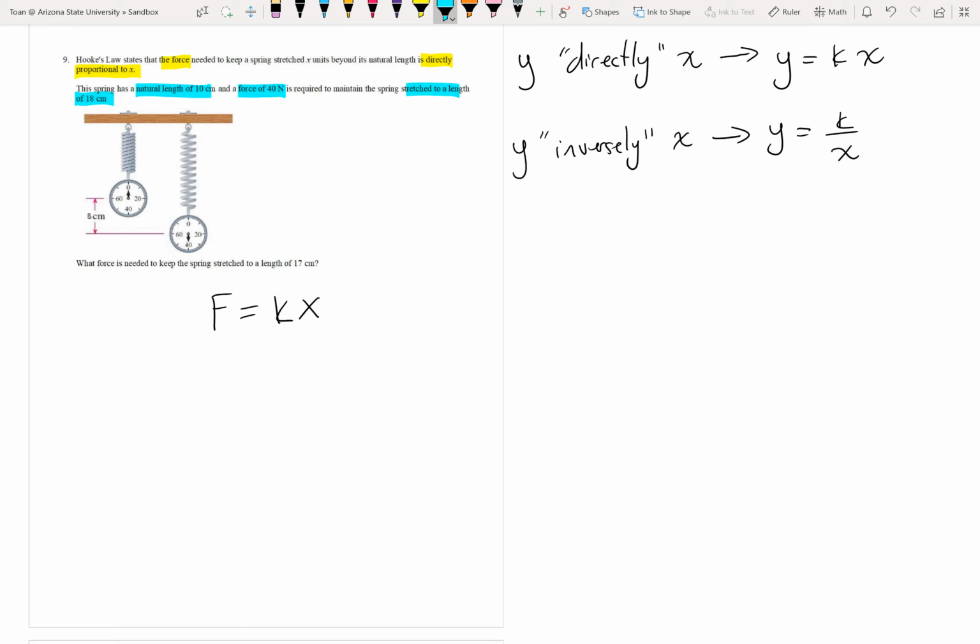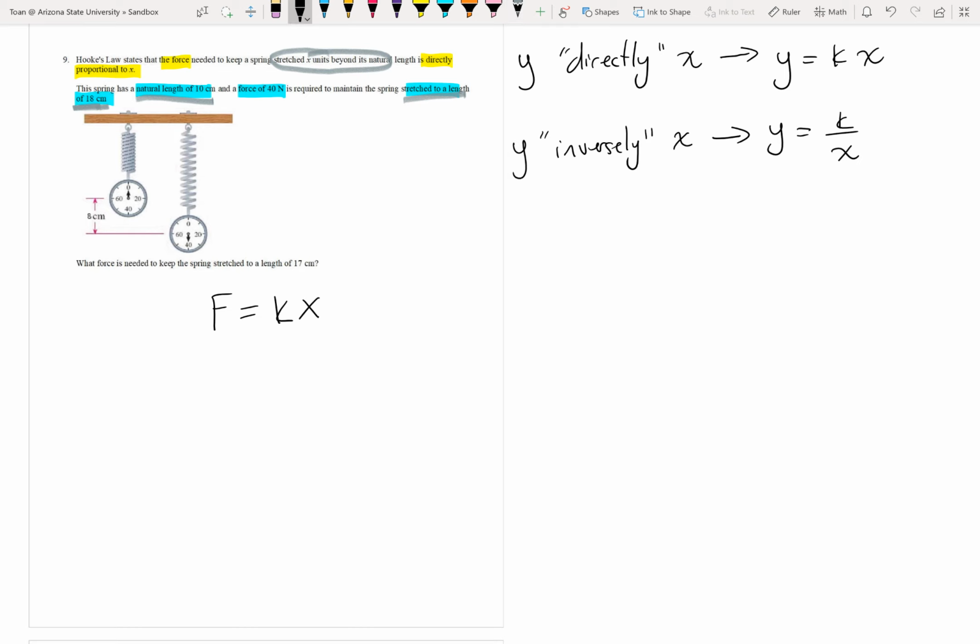Well, I hate to say it, but you actually had to read for once. I know, who would have thought? It says that x is the units beyond its natural length. Its natural length is 10, and it got stretched to 18. So if you start at 10 and stretch to 18, hopefully everyone can see that x is going to be 8.